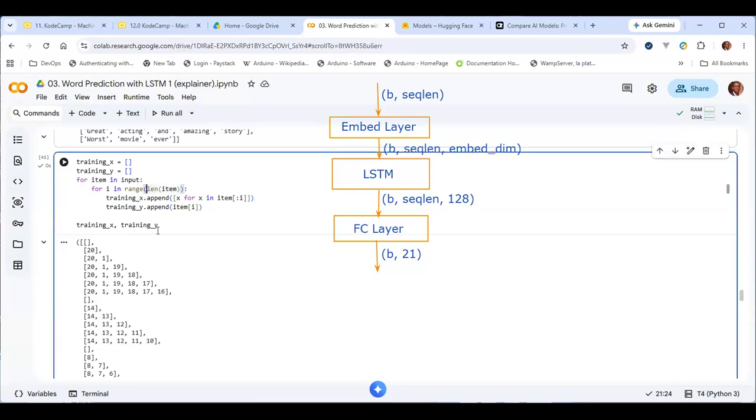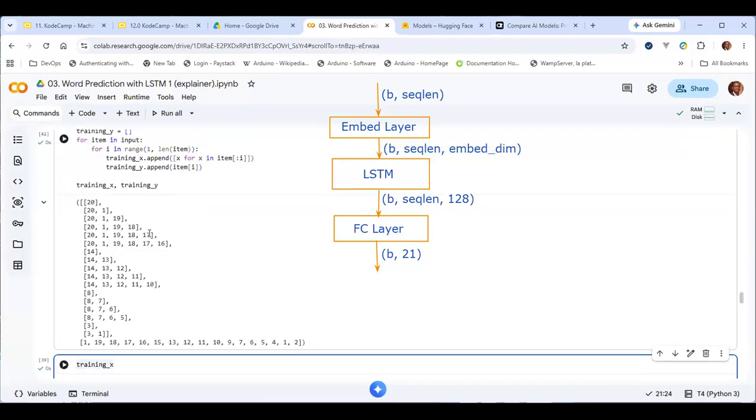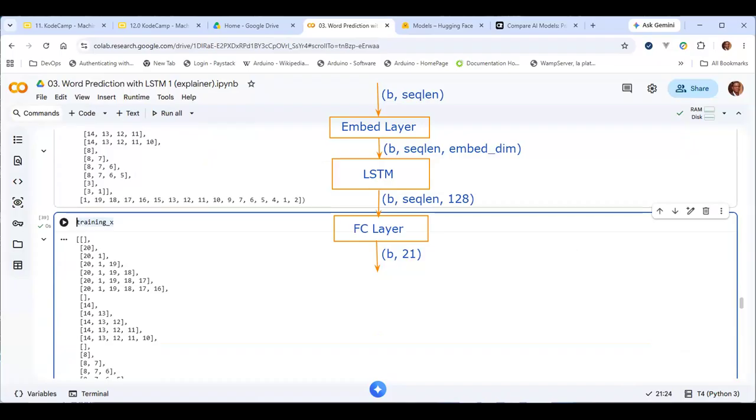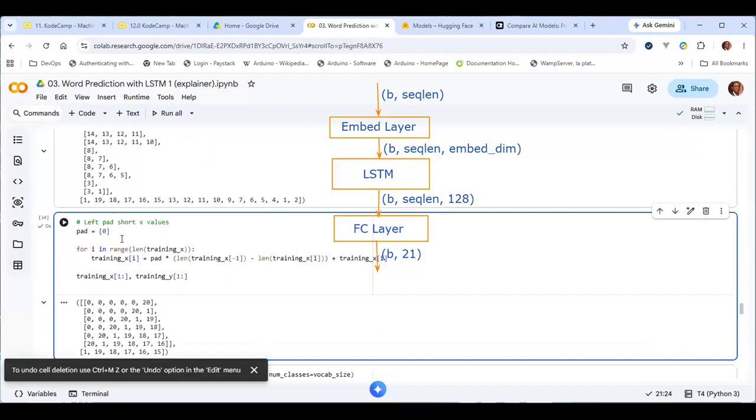So the range should actually start from 1, right? It should start from 1. So we don't do the first one. The first one, we're not doing anything, right? It's from the second I, that's from the second one that we start getting the Y's. So that gives us training X and training Y. Okay, so we don't need this, right?